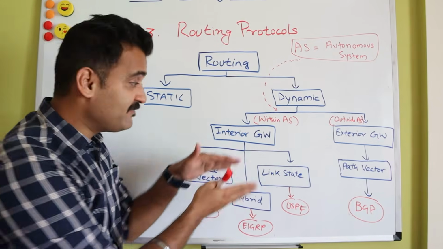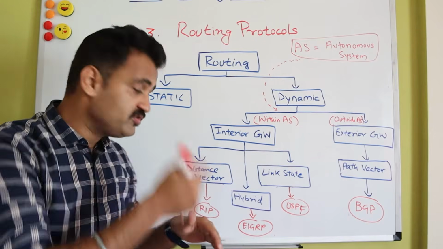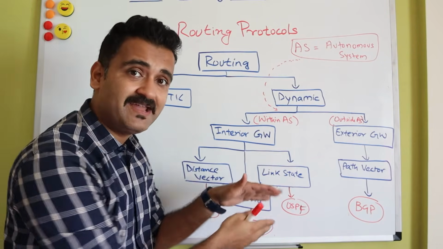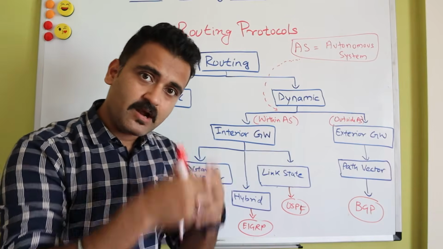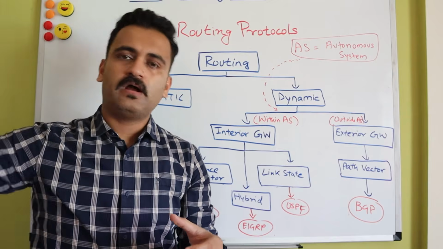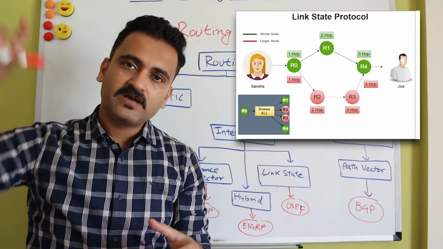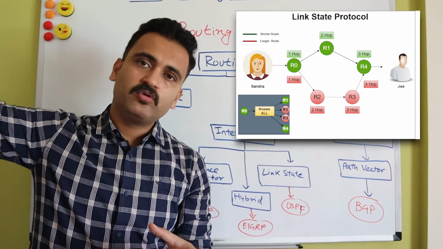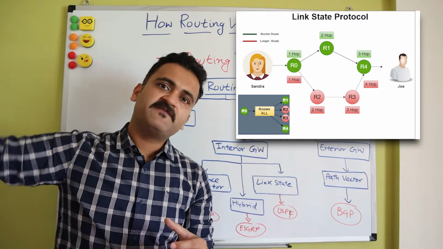So now let's understand what is link state. Link state is the opposite of distance vector. In link state, the originating router, in our case it was R0, right? R0 will have all the understanding of what all routers will come into the path and how it could reach the destination, identifying the shortest path.